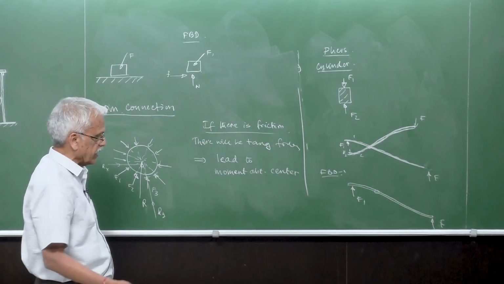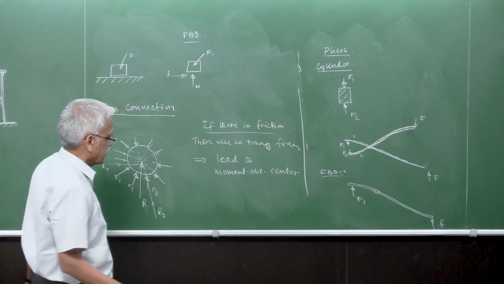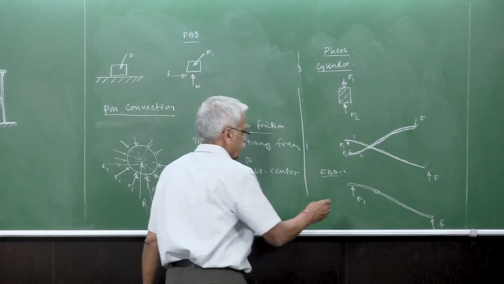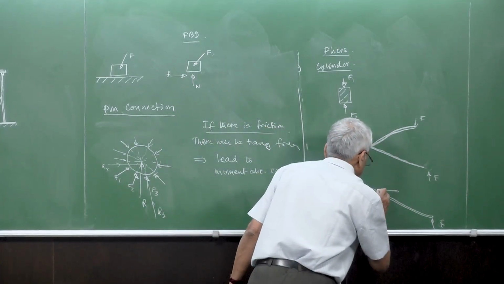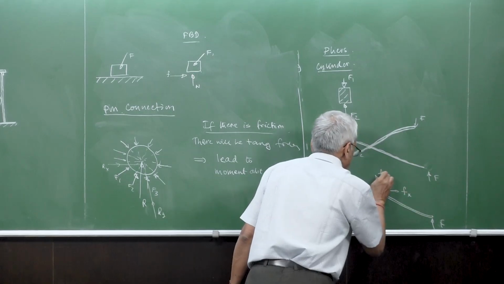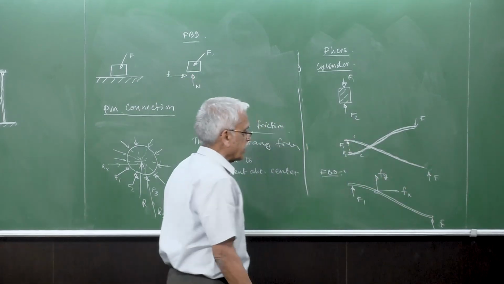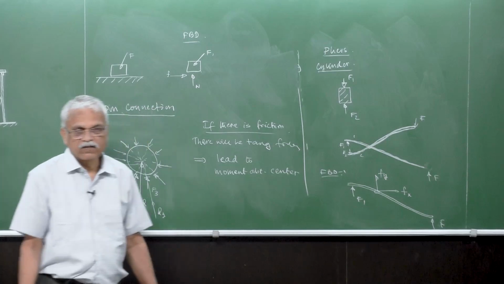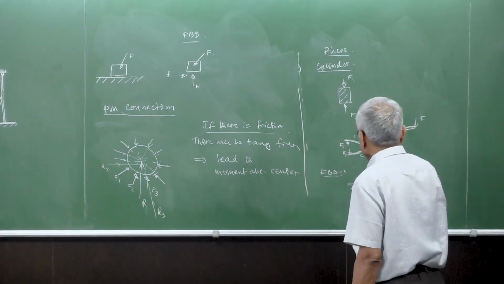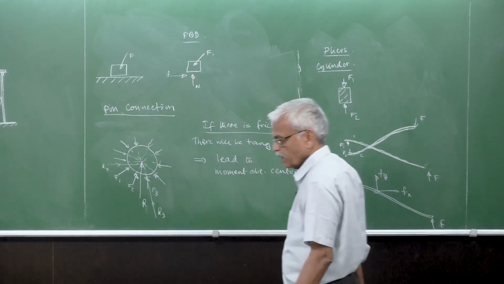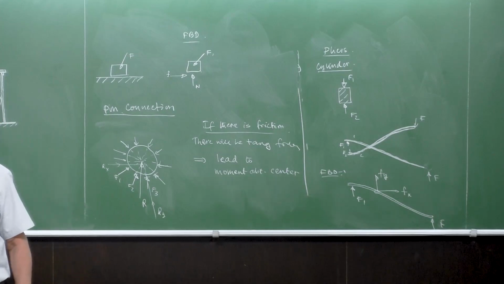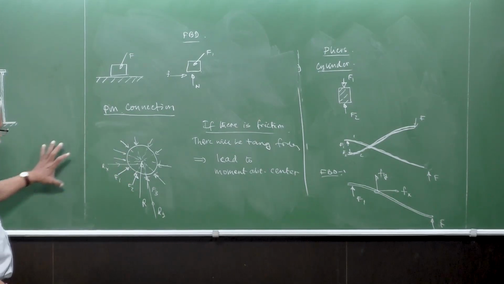The force is radial, and it passes through the center without any moment. So these are Fx and Fy, the internal forces at the pin. This is how the pin can be isolated from the connecting bodies.